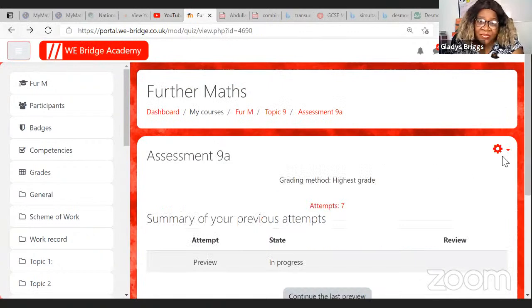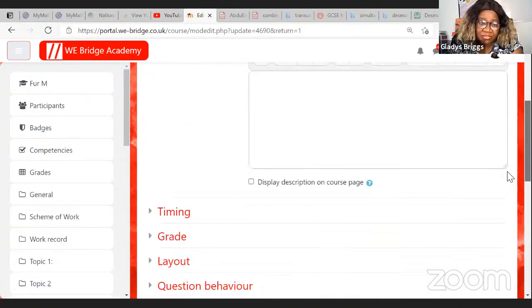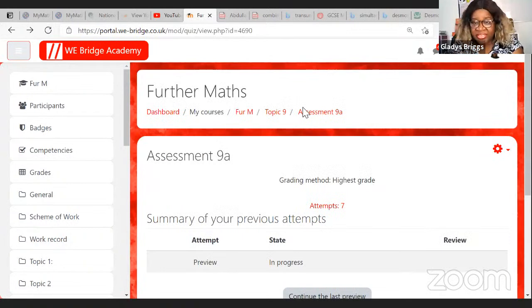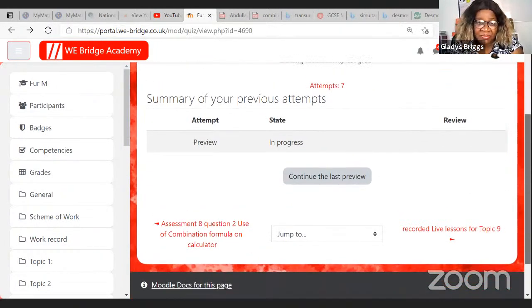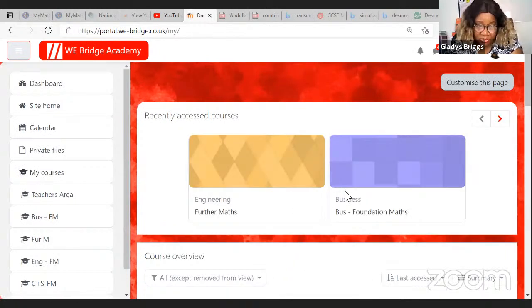Assessment 9, let me check the timing. I don't think I put anything on assessment 9 as well because I know that I haven't started marking any of them. Okay, so they are open if anybody wants to do them. Okay, so that's what you need to know for your assessments.